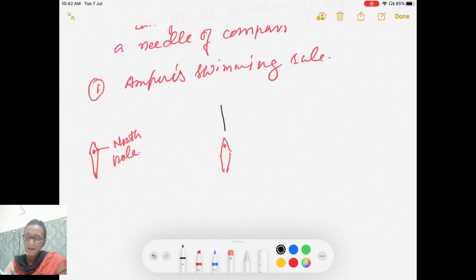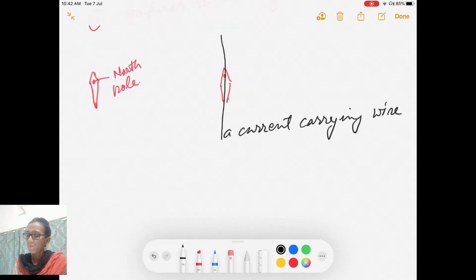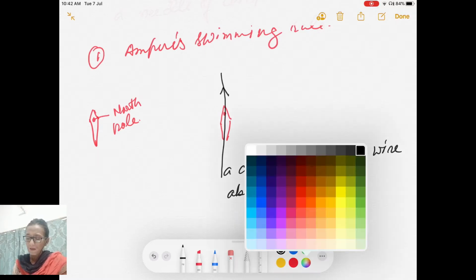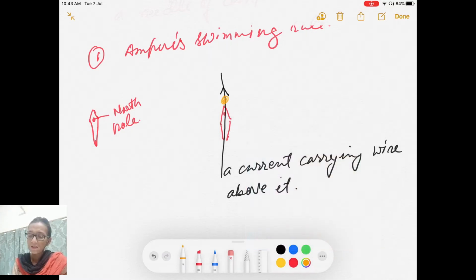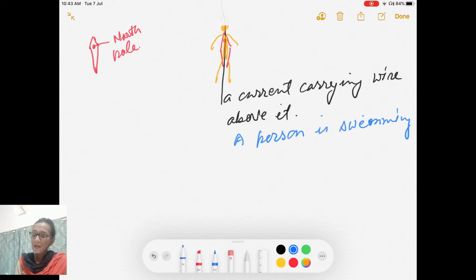And if you place a current-carrying wire above it, such that the direction of current is along the northward direction, and suppose a person is swimming here above this wire, above this compass needle.